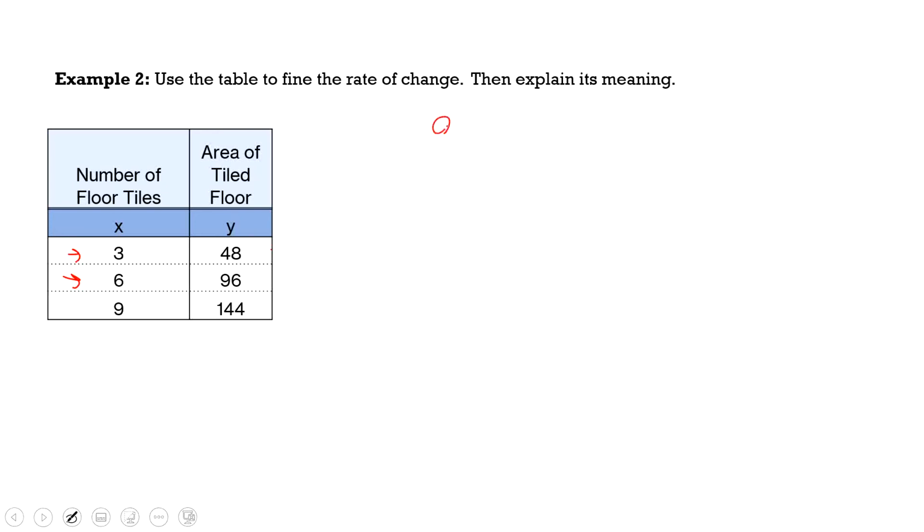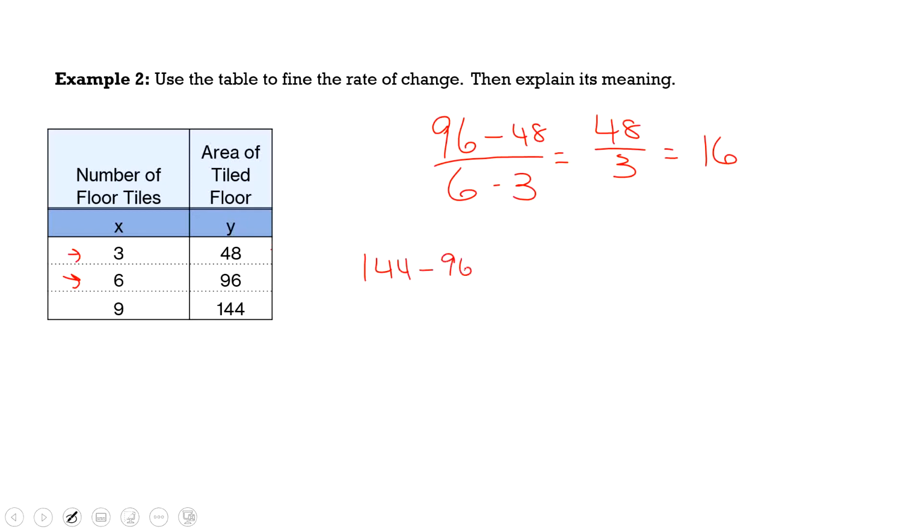So I end up with 96 minus 48 over 6 minus 3 equals 48 over 3 equals 16. If you want to check and see if it was constant, you'd have 144 minus 96 divided by 9 minus 6 equals 48 over 3. Same, equals 16. Same, it's a constant rate of change.